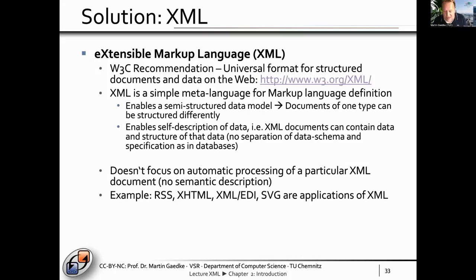Like, for instance, the last example also mentioned, RSS, really simple syndication, RSS feeds. Many of you use them in the context of podcasts, for instance. The list of podcasts is often described in RSS format, which is an application of XML.